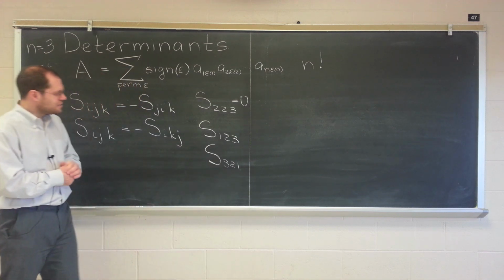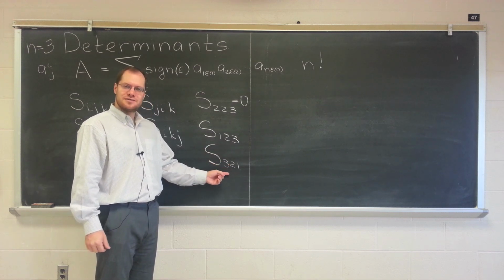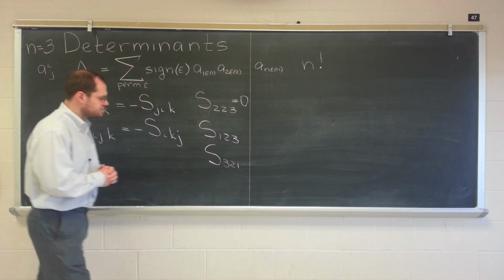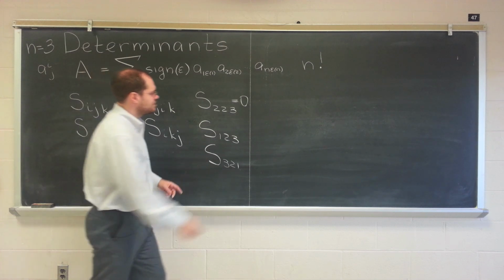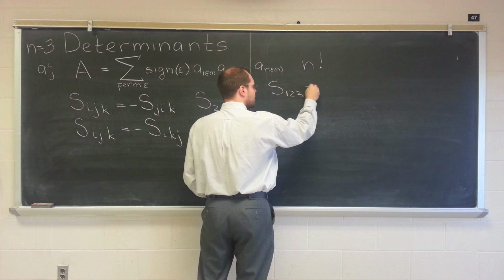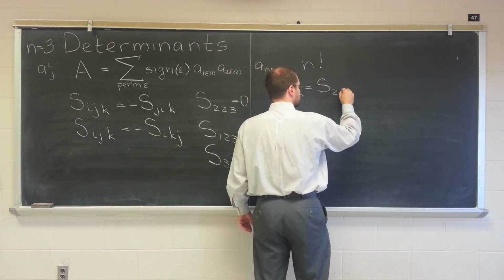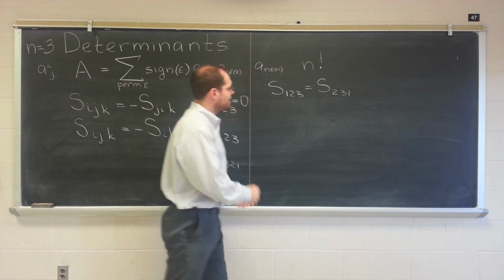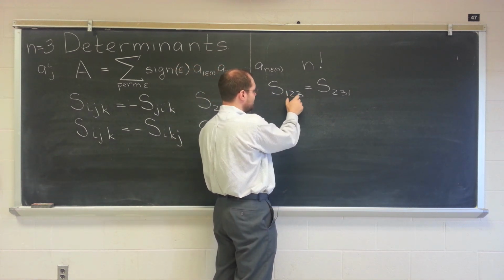And of course, all of them are somehow related to S123. For example, this one is minus S123. So let's see. So we'll have S123 equal to S231. The way I think about it is sort of cycling the indices. It works when the number of indices is odd.